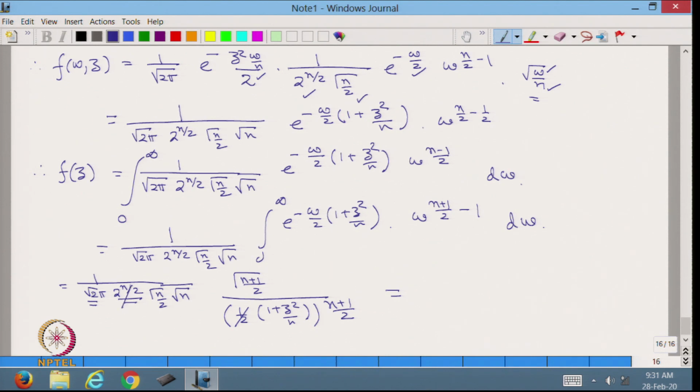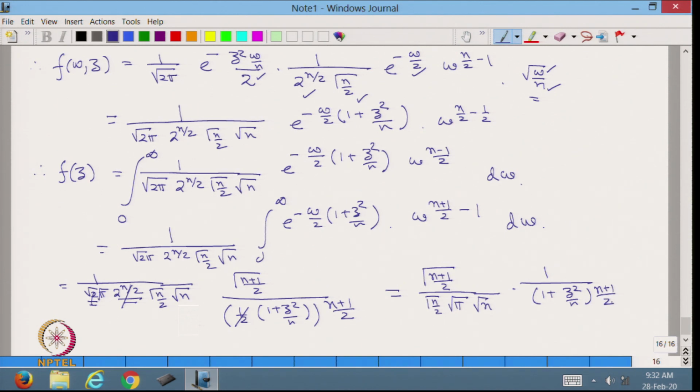So, these cancel. Therefore, we can see that it is coming out to be gamma n plus 1 by 2 upon gamma n by 2 and root over pi into root over n into 1 upon 1 plus z square by n whole to the power n plus 1 by 2.